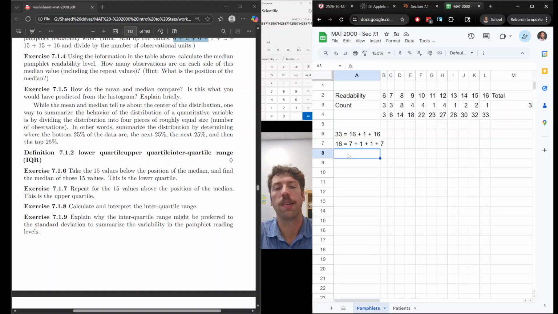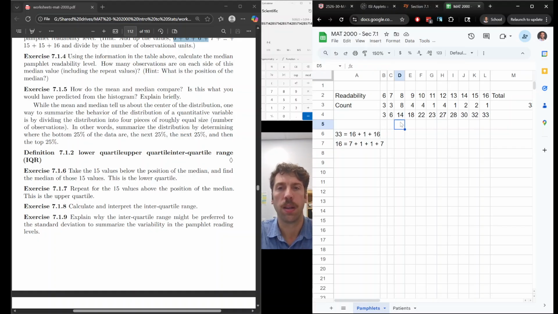But here we've got 15. 15 is basically 7 plus 1 plus 7. So your 8th element will be your middle one. But I have to average between my 8th and 9th. But both my 8th and 9th are here in the 8th grade reading level.